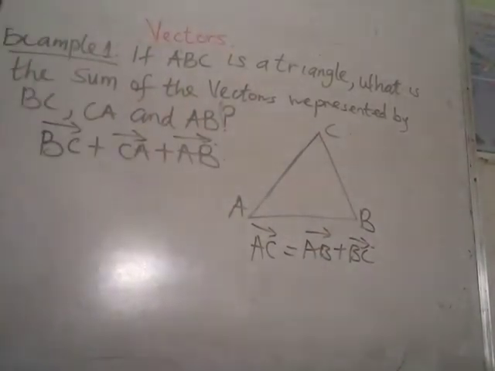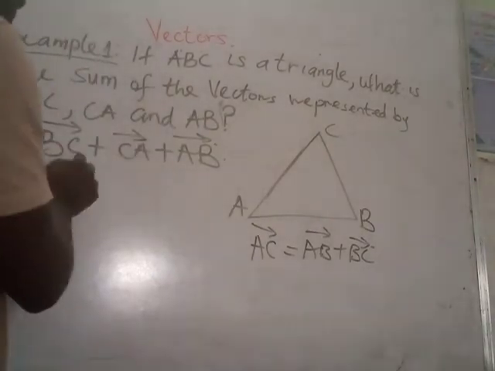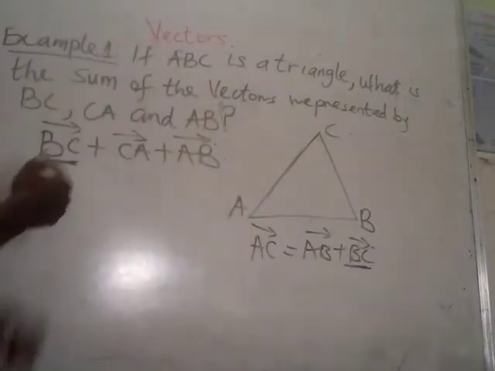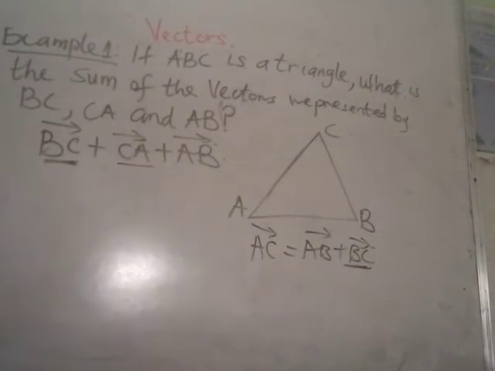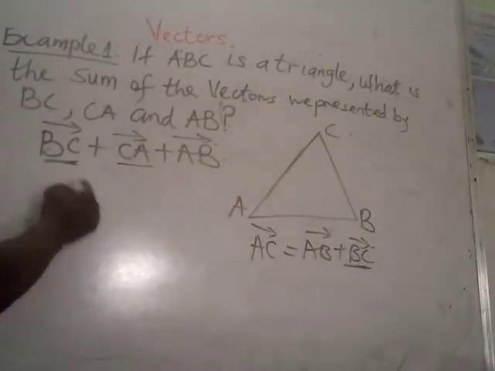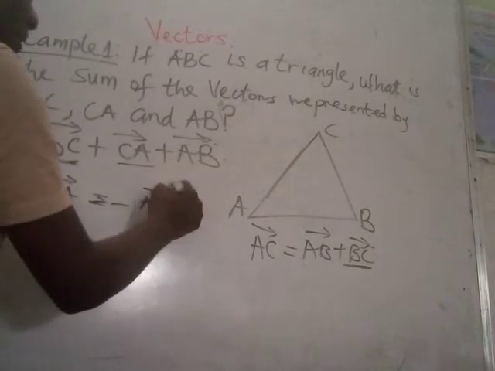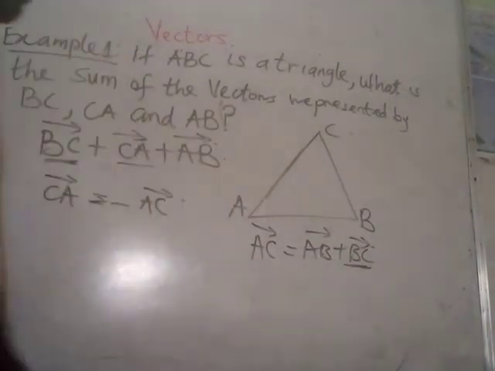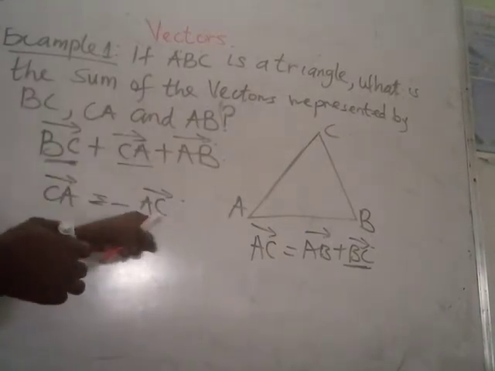Now if you look at this, I have BC positive, and AB positive. I have CA, which is the negative vector of AC, so CA is actually equal to minus AC. So here what we're going to do is replace CA with negative AC.